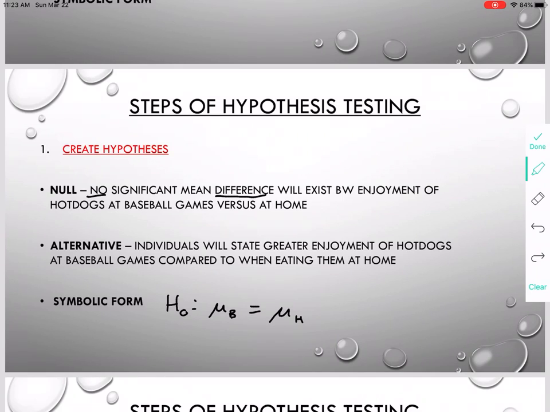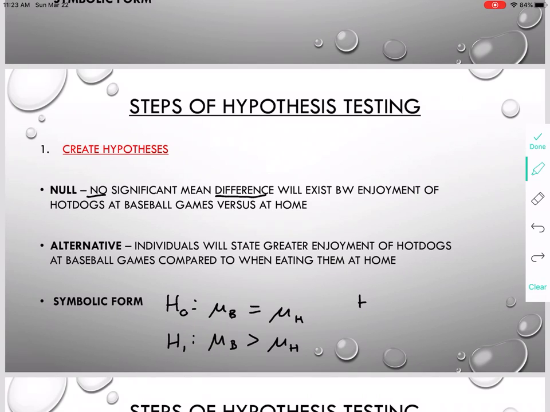And if you're going to say they're not equal, we've got to write alternative hypotheses for every possibility. So typically you'll see this as H, maybe with a subscript 1. Maybe one of my alternative hypotheses is that enjoyment at baseball games is going to be greater than enjoyment at home. And that's what I think is going to happen. But you never know.